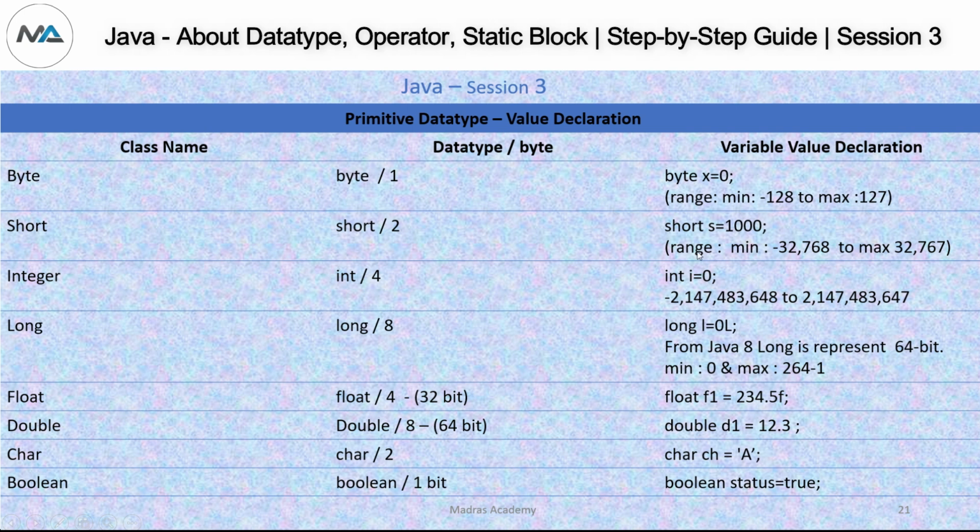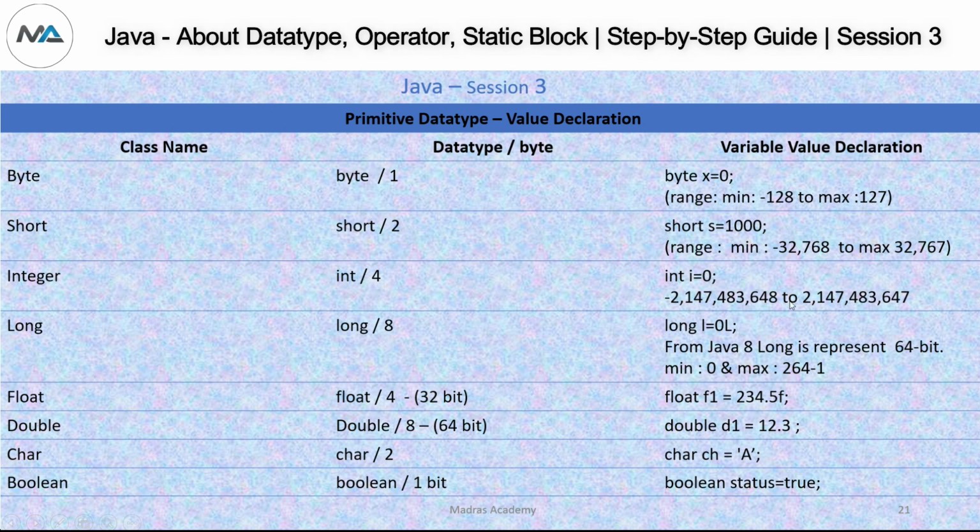And here I gave the maximum and minimum range. So using this range, we can assign the value for this declaration. And for the integer, 4 bytes, and the default value is 0. So here I assign int i = 0.